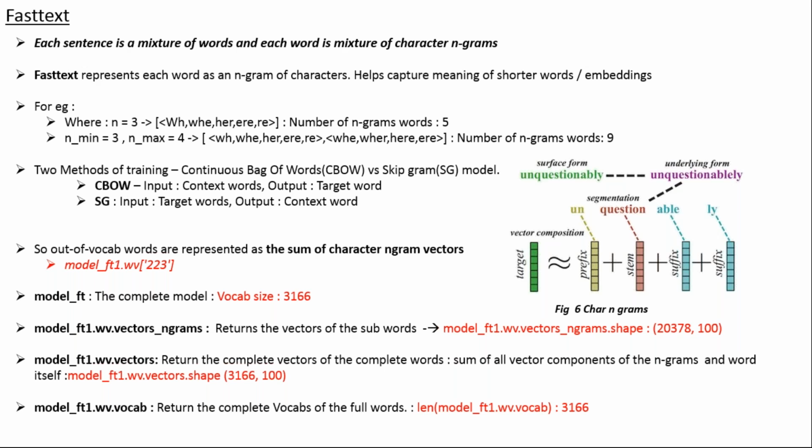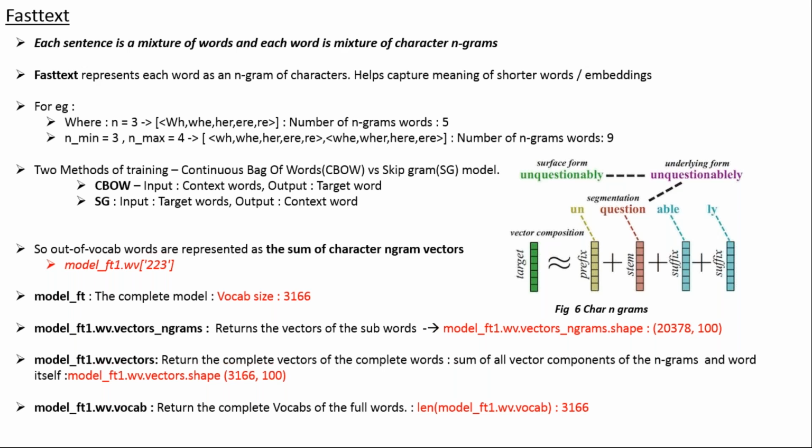So there is only one word over here, but you can split it into different parts, and each of them may carry their own information, because a word can be a mixture of a lot of different parts. So fastText looks at a word in that format, which is different from how word2vec or other algorithms look at it.